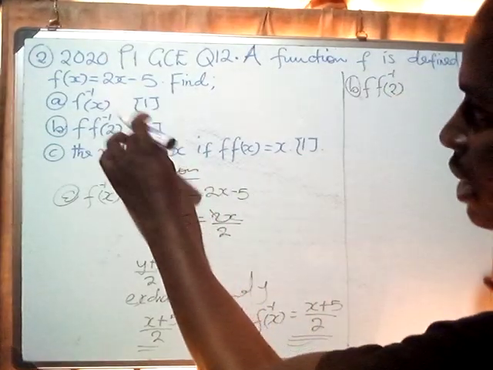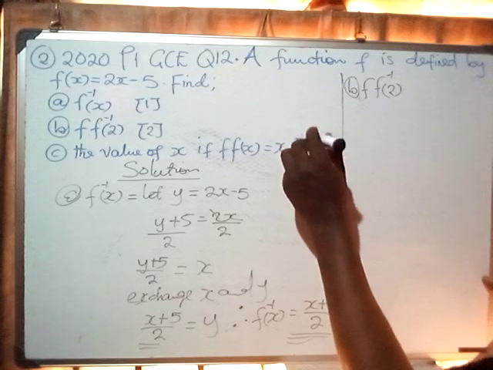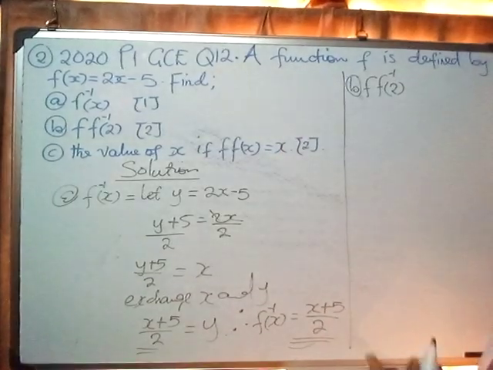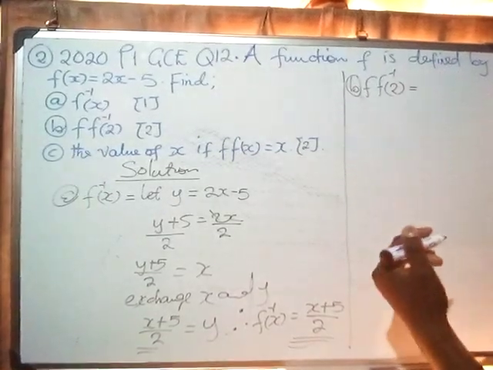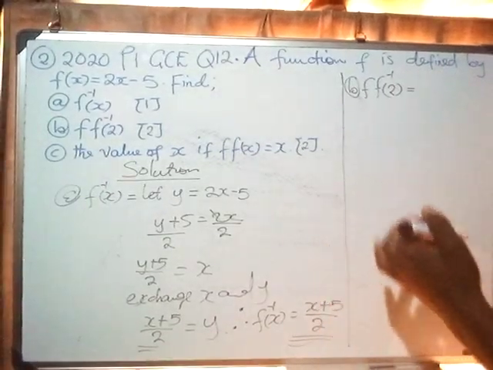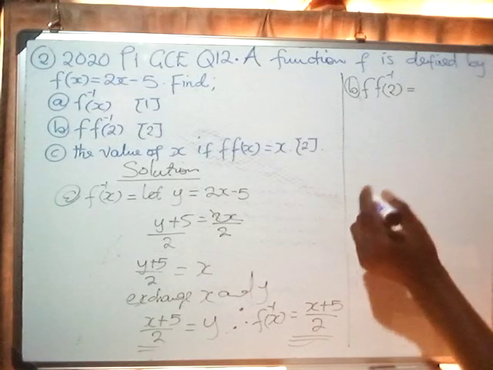I feel this one deserves a 2 mark. Also, this one deserves a 2 mark. I'm not saying these are the marks which were there. I'm just saying I feel these 2 questions deserve 2 marks. So let's go. F of f inverse.